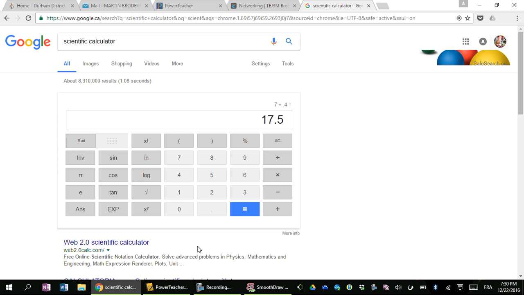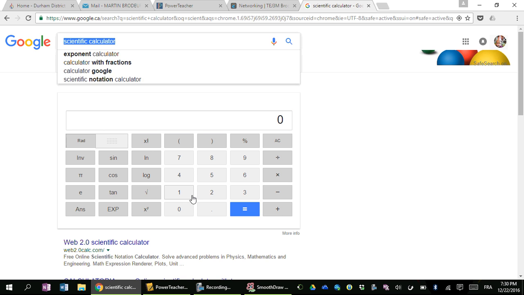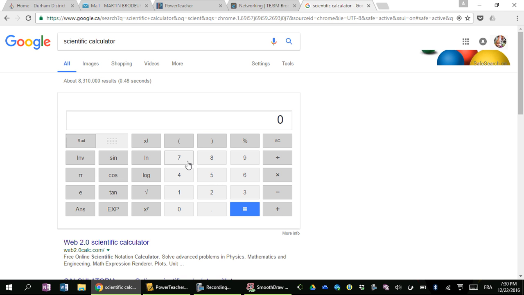I'll do 70 exponent -1, because 1 over, that's what it is, right? Plus 17.5, exponent.